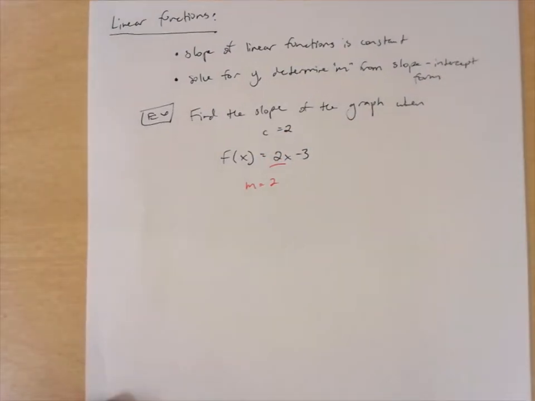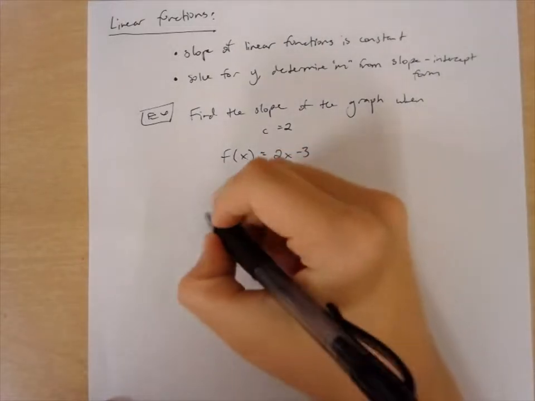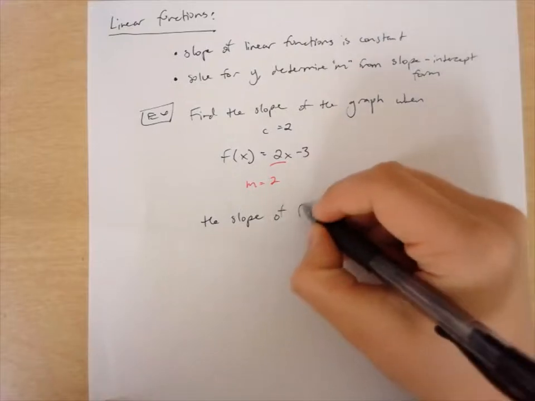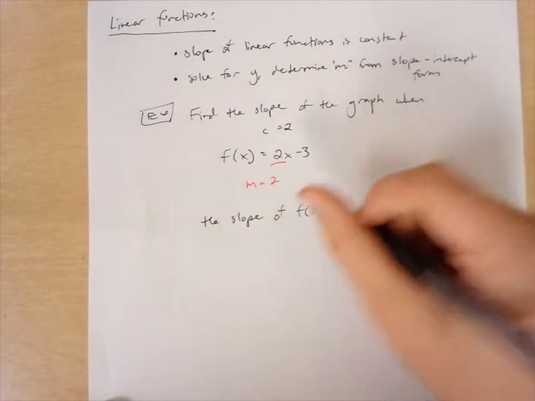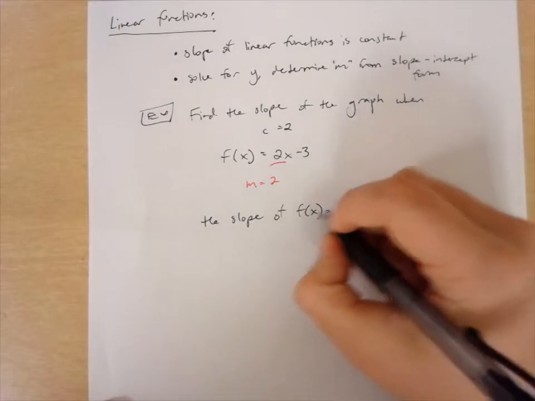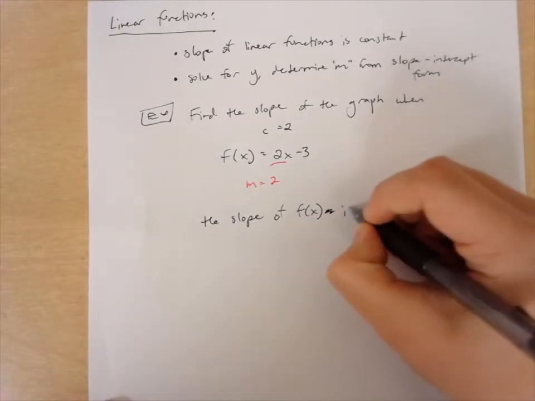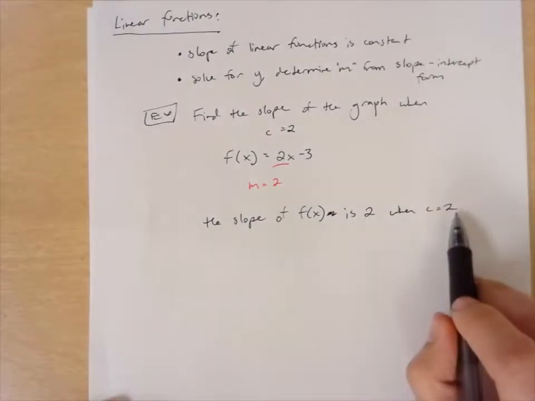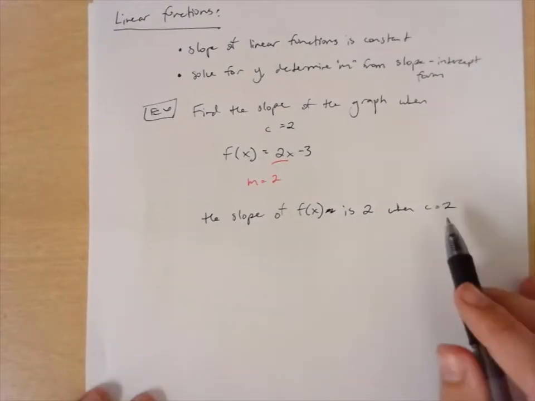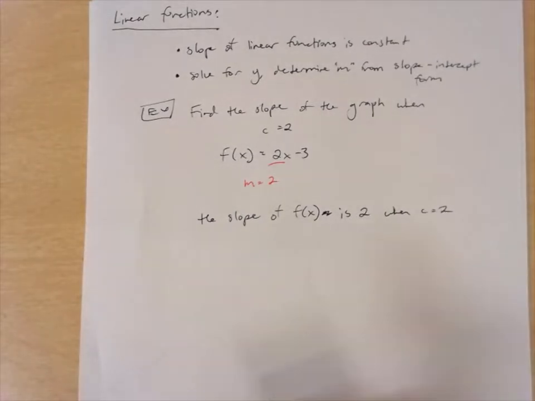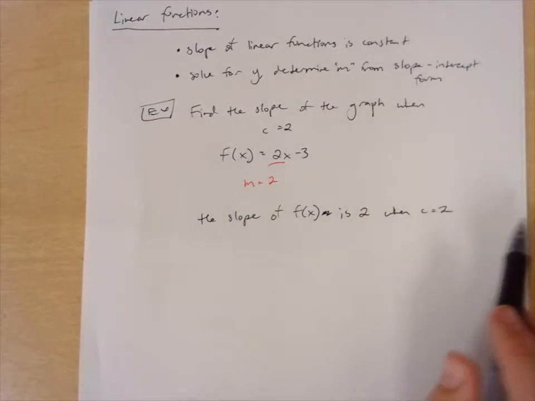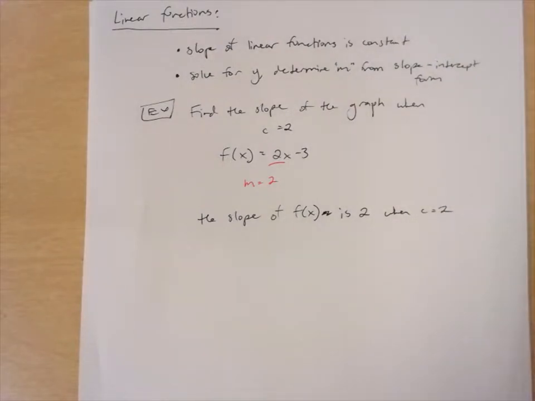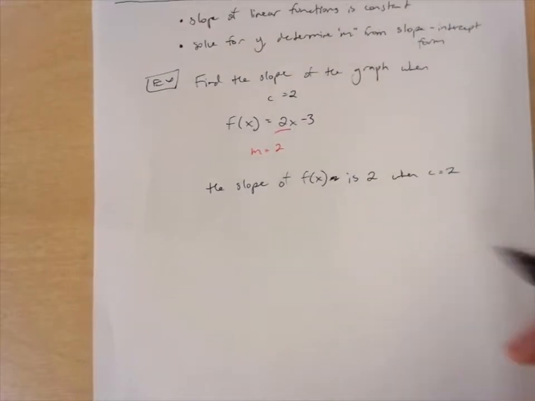So, given this is a linear function, the slope of f of x is 2 when c equals 2 or any other number. When any x value is substituted in, our slope will always be 2. Okay, moving on.